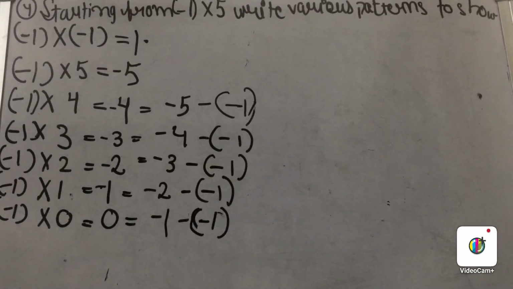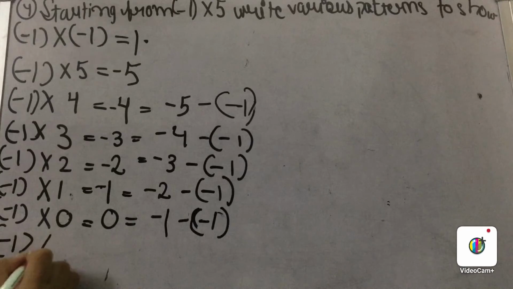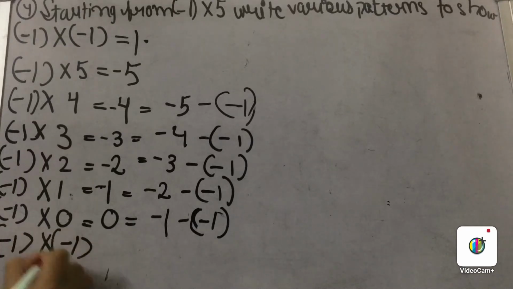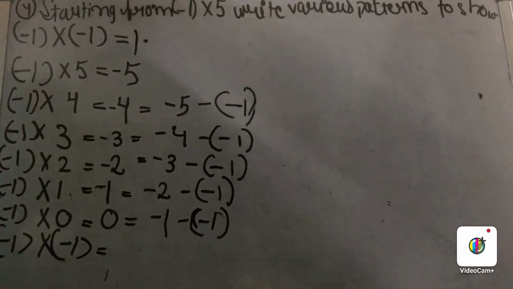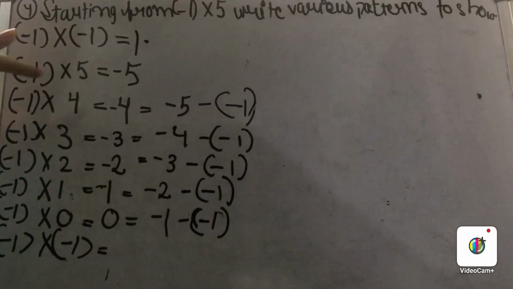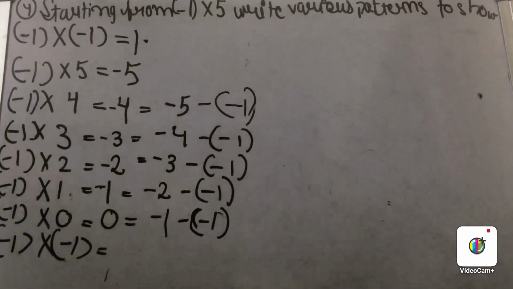Now our next integer is minus 1 multiply minus 1. This is our last product, because we have to show the patterns from minus 1 multiply 5 to minus 1 multiply minus 1.